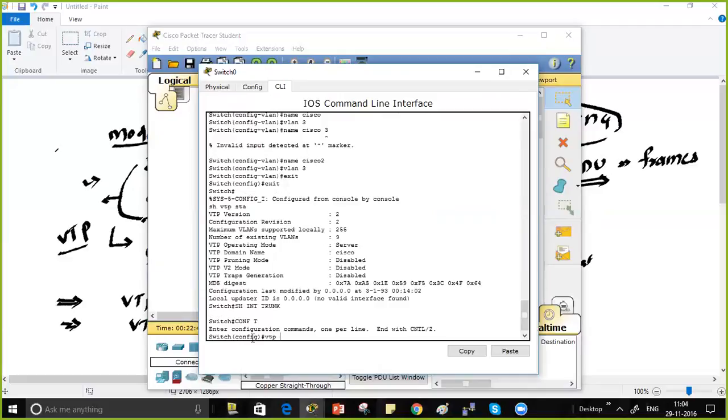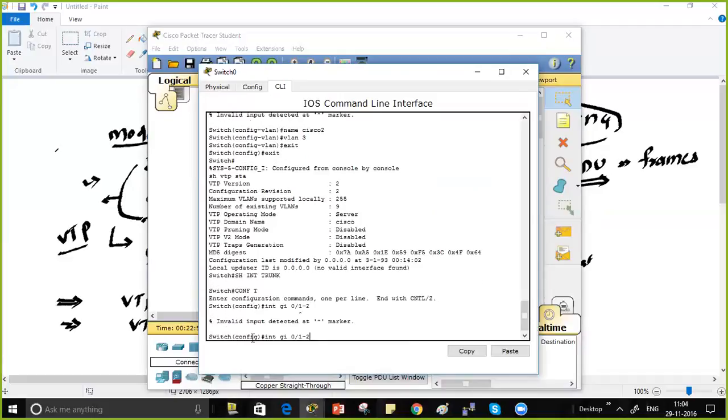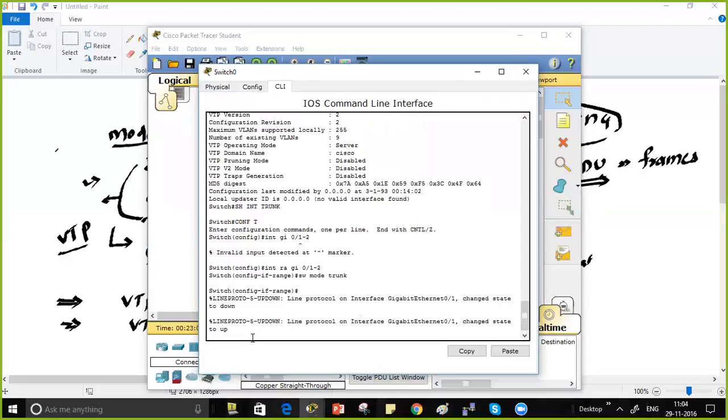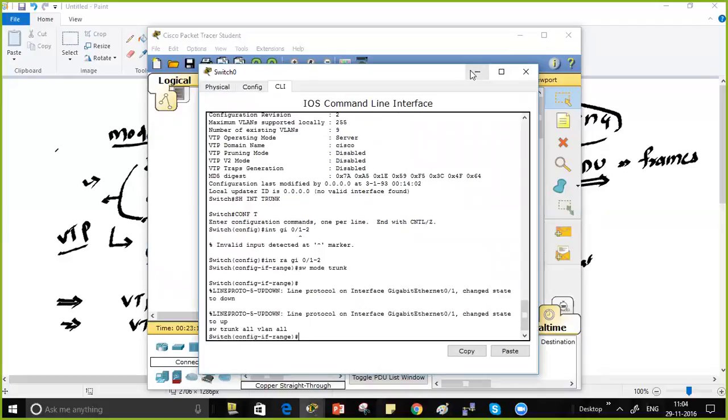Interface range gigabit 0/1 to 2. Here I am configuring switchport mode as trunk, switchport trunk allowed VLAN all.